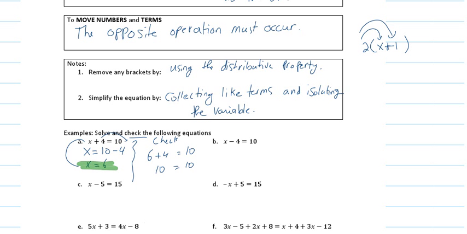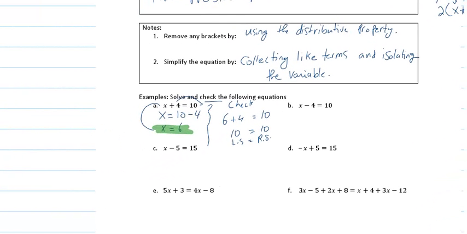Do you guys understand that part? I see a lot of lost faces. So I say that the left side is equal to the right side. I want to show you what happens if, let's say, my answer here, don't write this, was x equals -1.